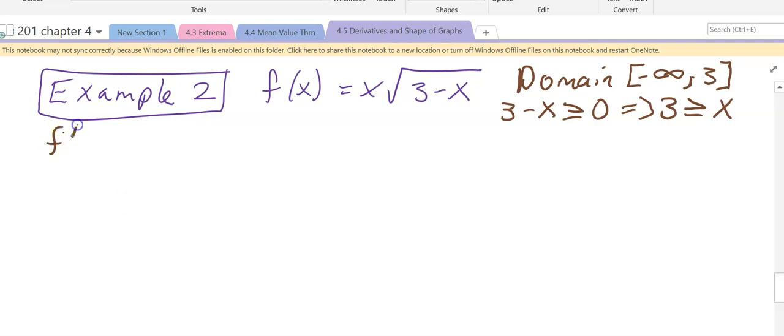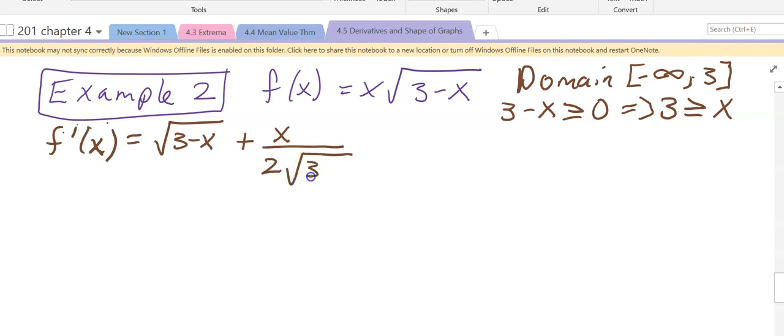Taking the first derivative of the function, I would need to apply the product rule. If I take the derivative of x, I get 1, which would simply give me back the radical by itself. Taking the derivative of the radical and multiplying it by the x, the derivative of a radical is 1 over 2 times the square root of the radical itself, then times the derivative of the inside function.